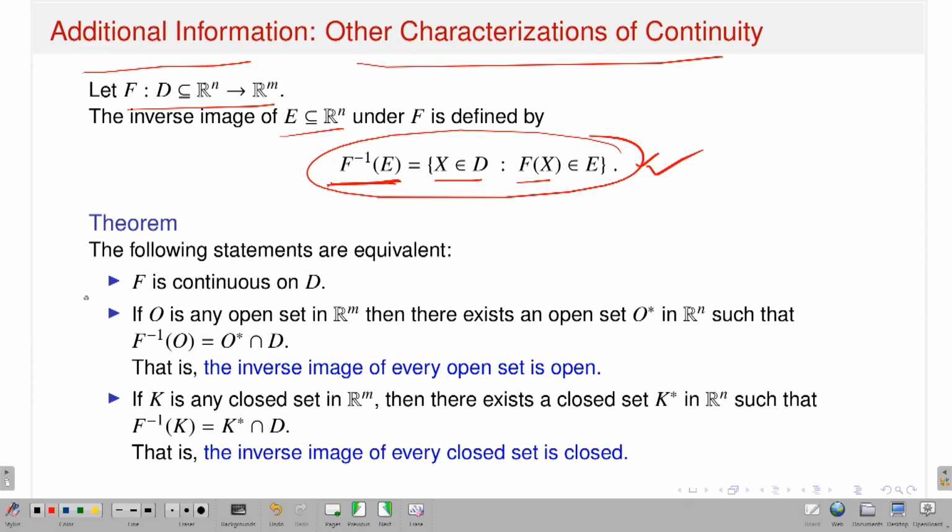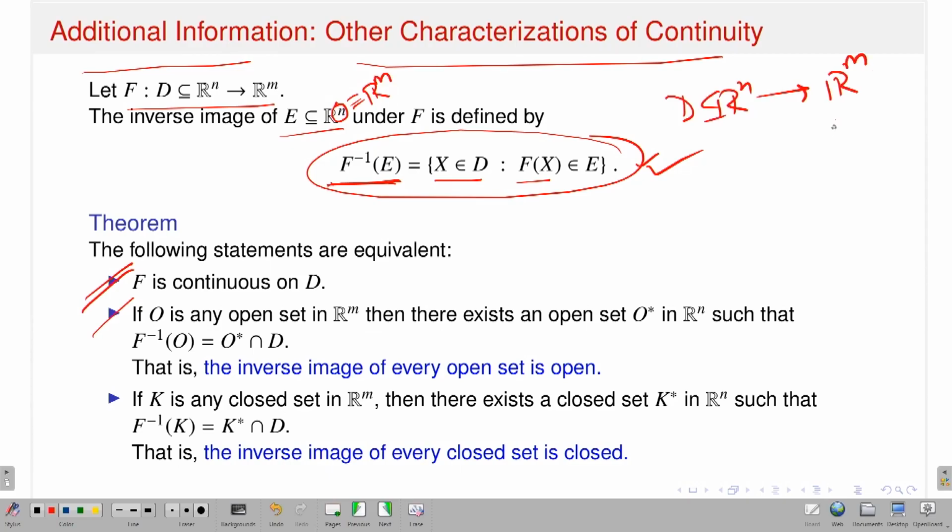First of all, capital F is a continuous function. If capital F is continuous from D subset of Rn to Rm, then whenever I take any O in... I think there is a little mistake. Yeah, this should be Rm. This is not n, this should be Rm. That means I have a function from Rn to Rm.